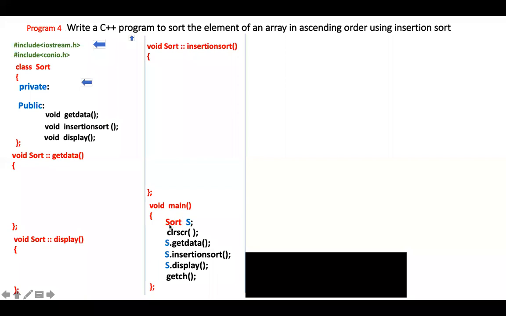See, after calling the class, it will call get data. So it will directly go to our get data, which is over here. Next, after finishing execution of get data, it will go to insertion sort, which is over here. It will take the code from here, execute, and come back. Then again, it is display.